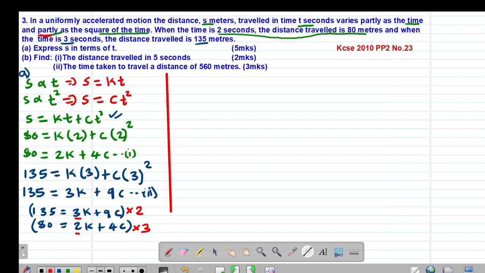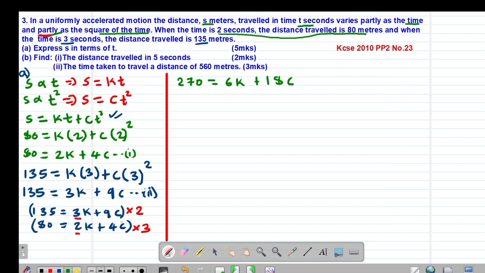So this is going to give me the following. I'll get 135 multiplied by 2, which is 270. So I have 270 equal to 2 multiplied by 3k, I'll get positive 6k, plus 9c times 2, I'll get positive 18c.